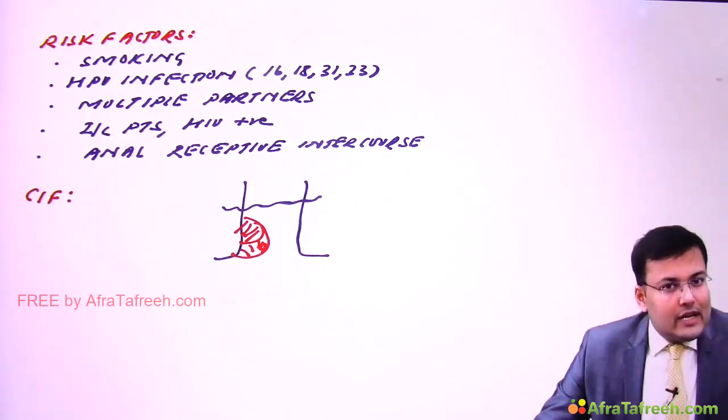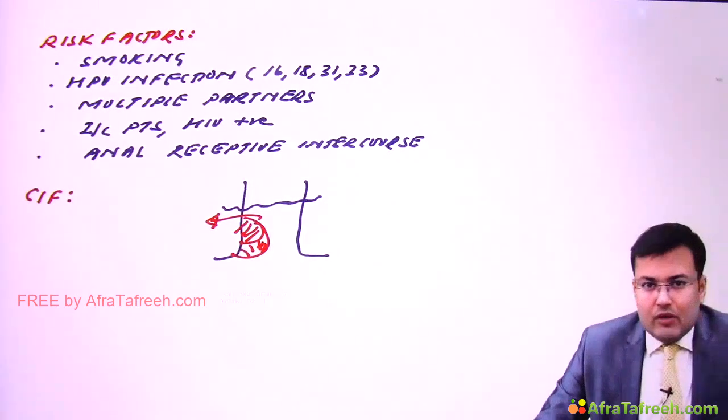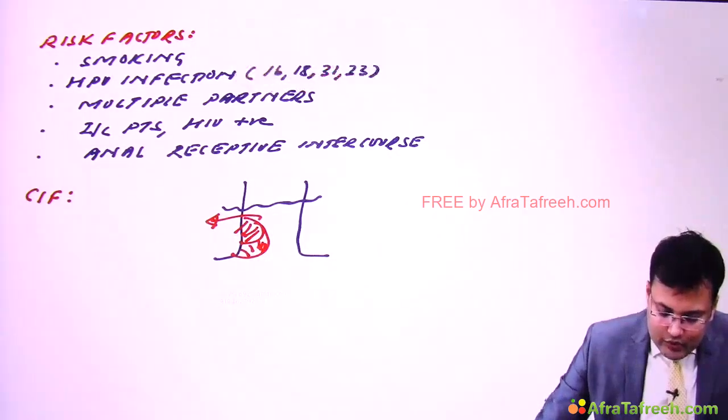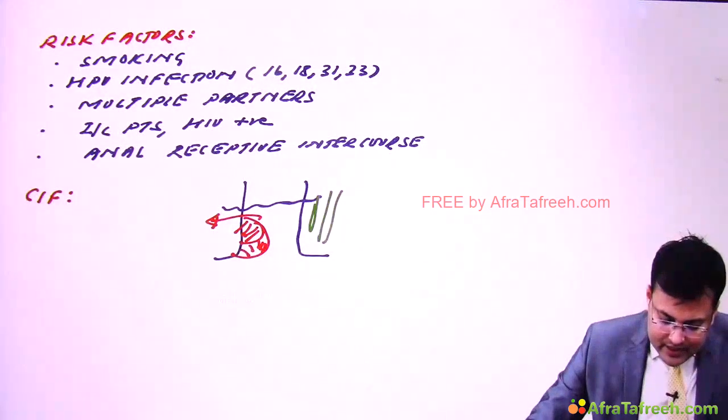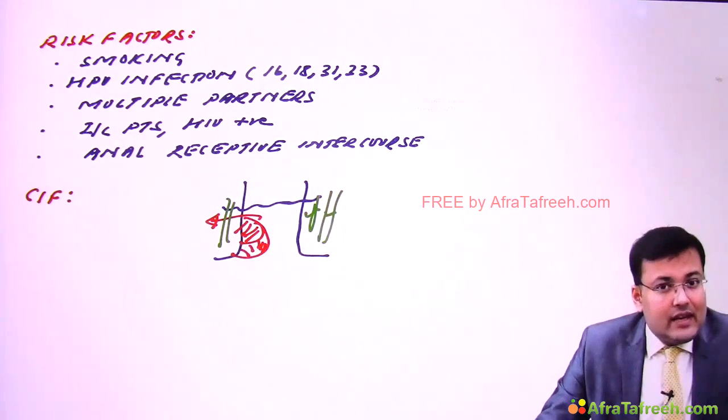In advanced malignancies, if it is going anteriorly, it can involve the bladder and the vagina, and whenever there is involvement of the bladder and vagina, there can be a fistula. If there is involvement of the sphincters, these patients might have incontinence.